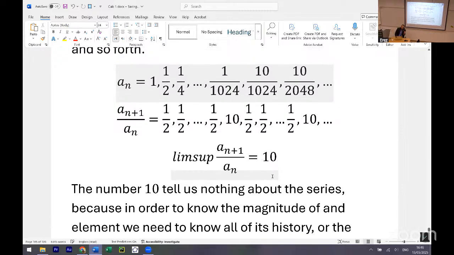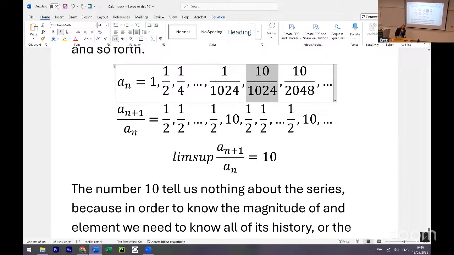Meaning, in order to know what the product by 10 did, we need to know the element before that. And to know this element, we needed to know that we did half, half, half, half.